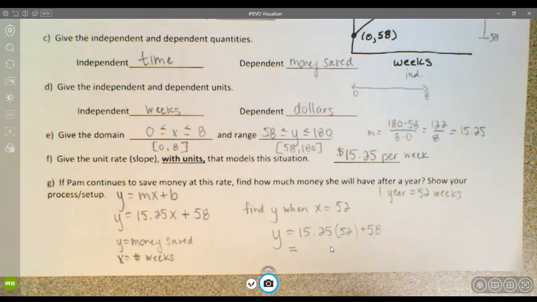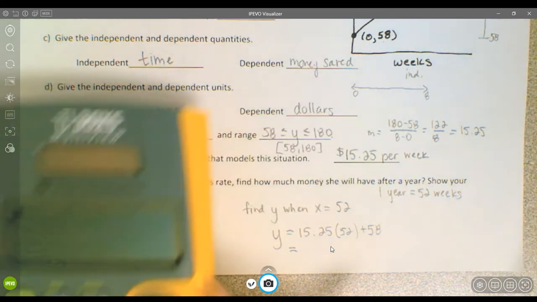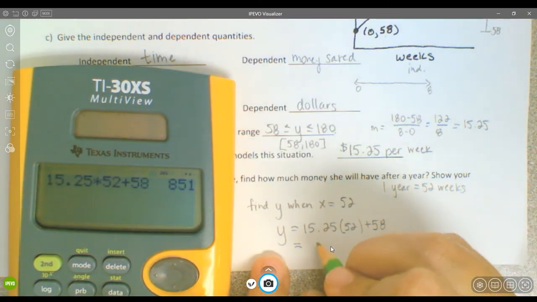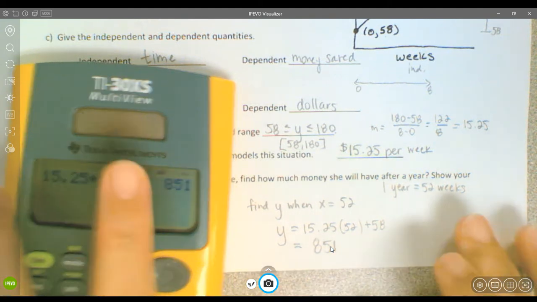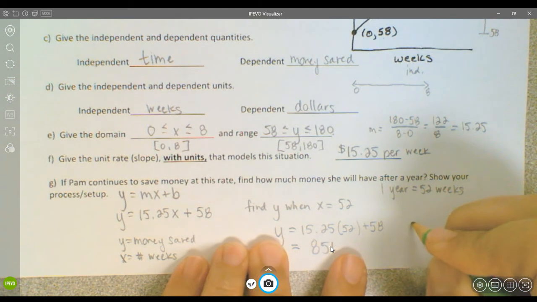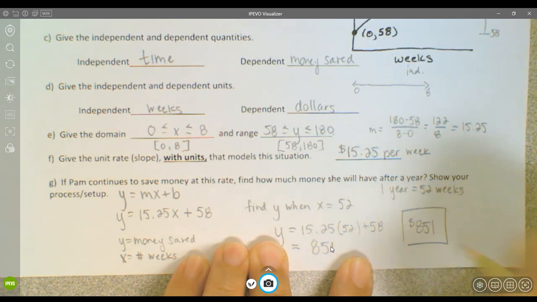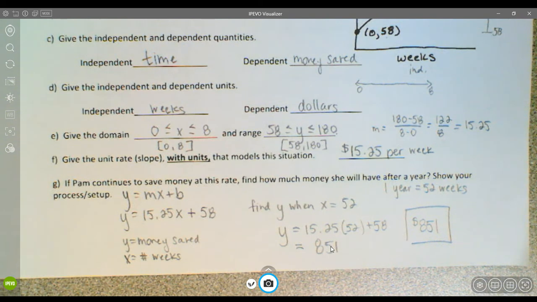And when I do that, let's see. 15.25 times 52 plus 58, I get 851. So my final answer is she will have $851. Boom. It's not bad. Think about it, y'all. Save $15 a week, 15 and a quarter. And look what happens after a year.